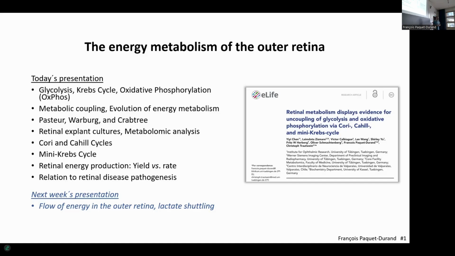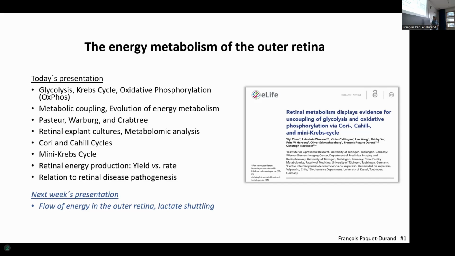What I'll be talking about: there will be a brief recap of general biochemistry, glycolysis, Krebs cycle, oxidative phosphorylation, these kinds of things. Then I will talk about metabolic coupling, what that is, a little bit about the evolution of energy metabolism, and different effects related to this.